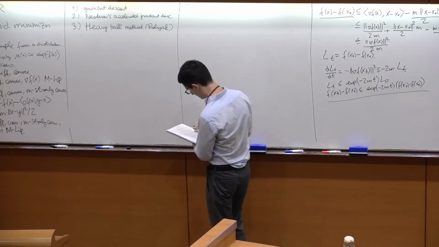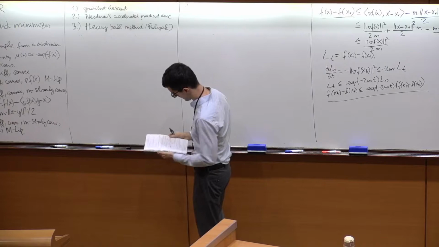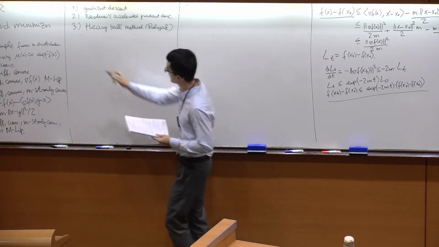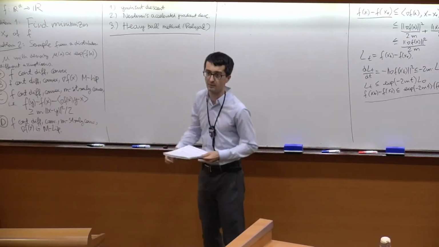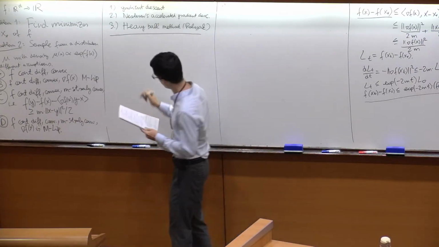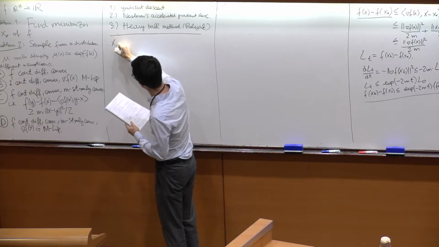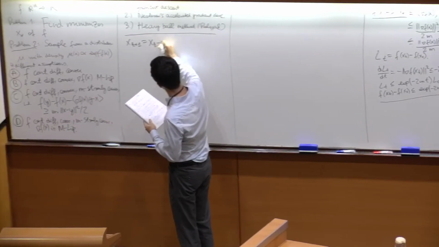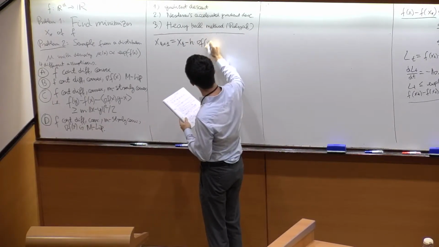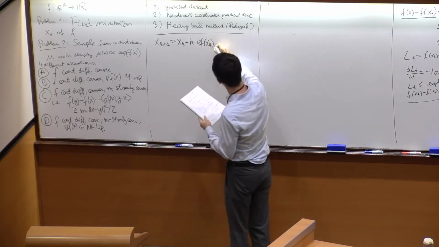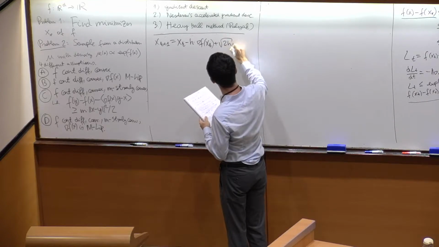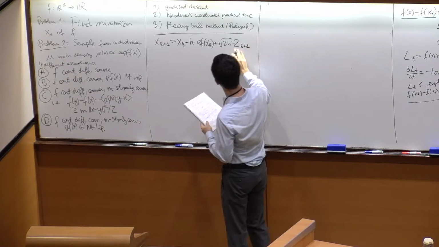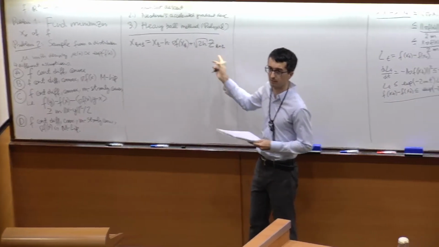So the simplest way to discretize the Langevin diffusion is to use the Euler scheme. So simply we let x_{k+1} equal x_k minus h times gradient of f(x_k) plus square root of 2h times z_{k+1}, where z_{k+1} is standard normal d-dimensional.